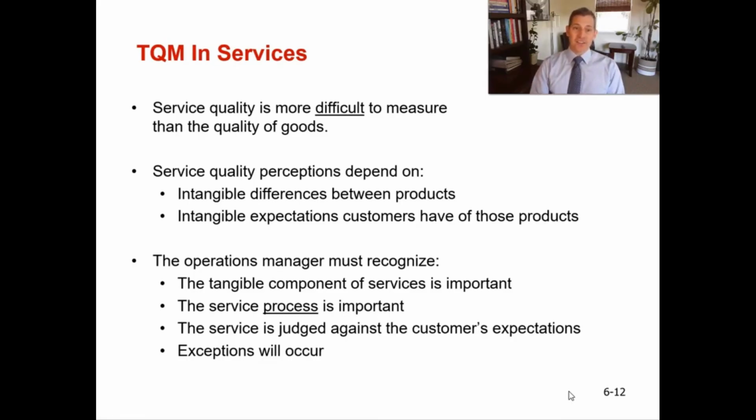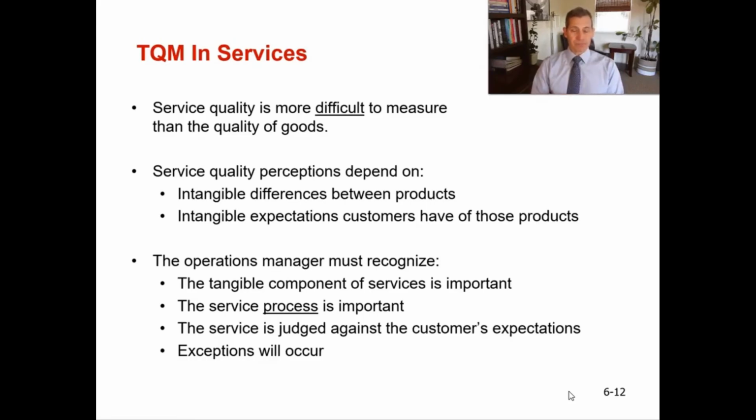And that's because customers have a perception of quality. Like we talked about in the last video, our perception of quality matters, and that is a varying scale. We all have different expectations of what good quality is and what poor quality is.